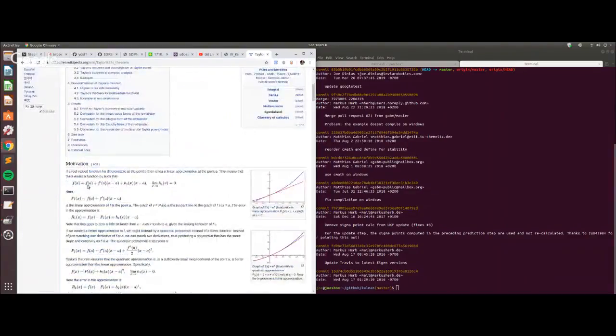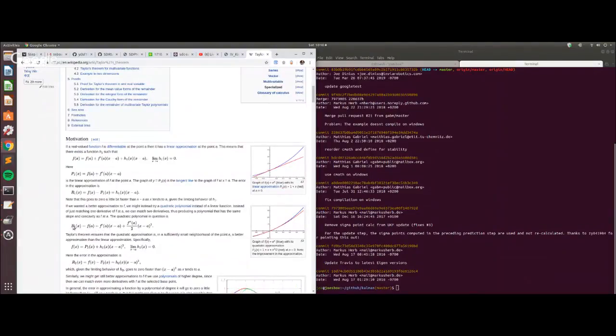But the basic idea is you can represent a function at a point by expanding about another point, A. If the real valued function is continuously differentiable, that is, you can take however many derivatives you want, then you can create very good approximations to the function at a point x nearby A by looking at the Taylor expansion, where you take the function value at the expansion point, plus the derivative at the expansion point times a linear term, x minus A. And then you can do this to arbitrary order.